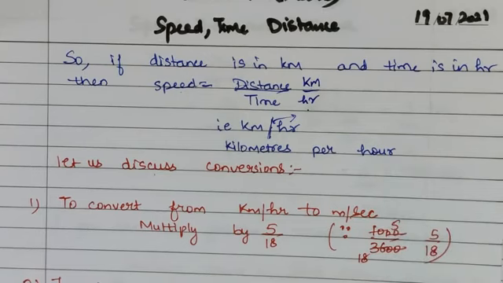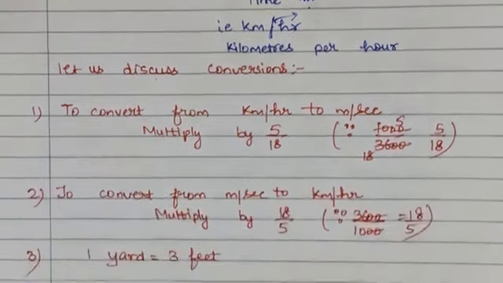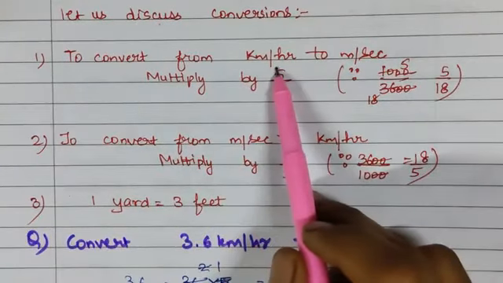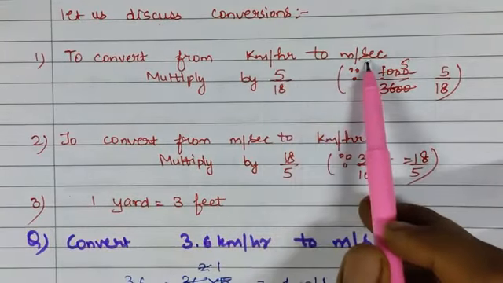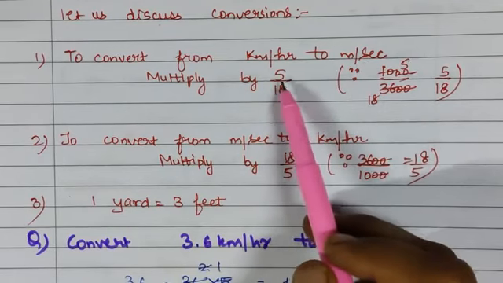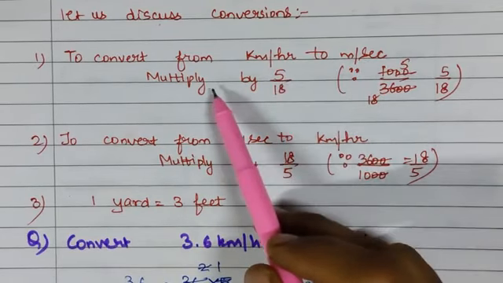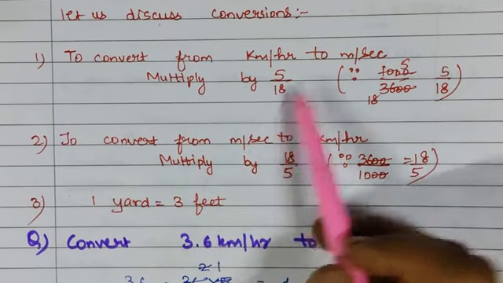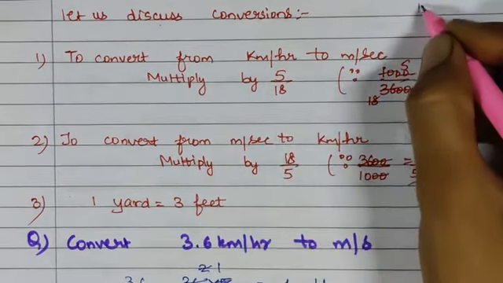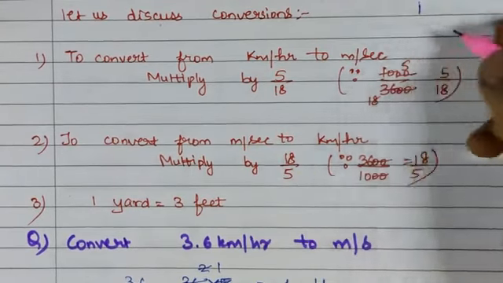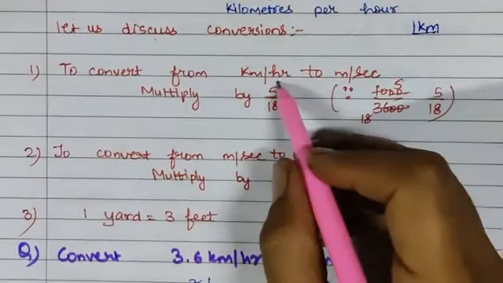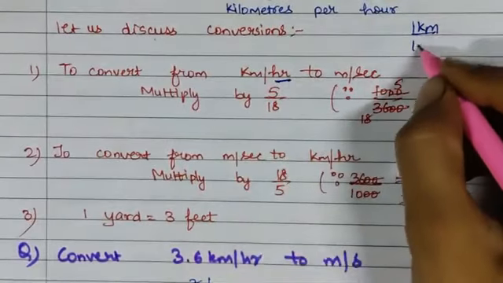Now let us discuss some conversions which you have already done. To convert from kilometer per hour to meter per second, what do we do? We multiply by 5 upon 18. How? Let us suppose we have 1 kilometer and time is 1 hour.